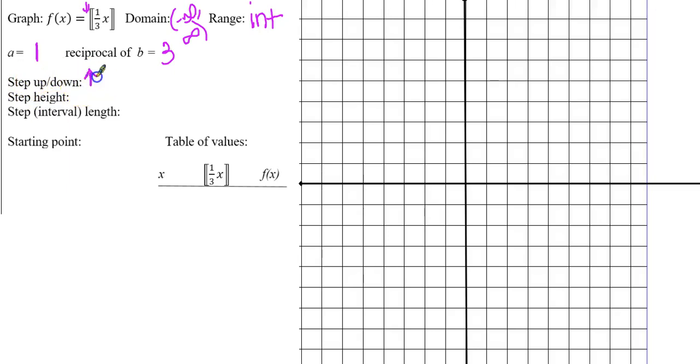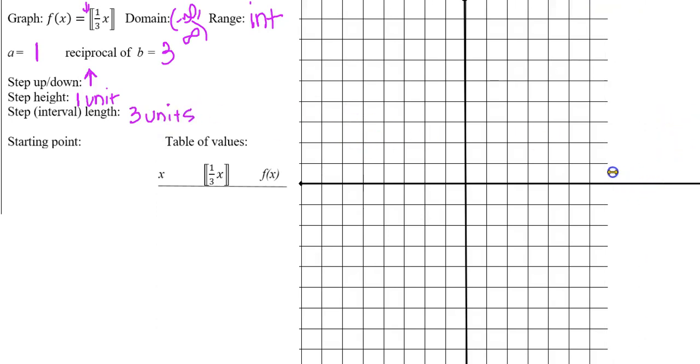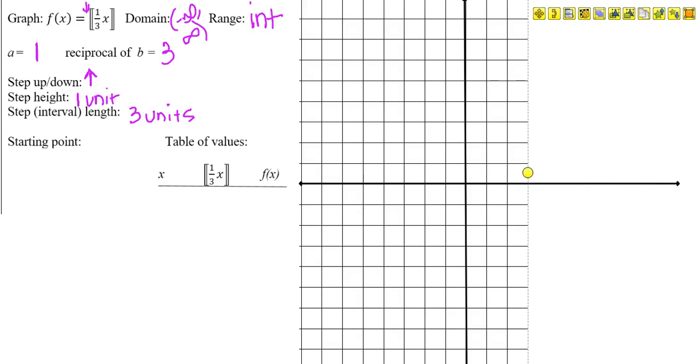And how high is each step going to be? 1 unit high. So each step is going to go up 1 integer, up 1 integer, up 1 integer. What's our step interval length? 3 units. Okay, let's talk about why.